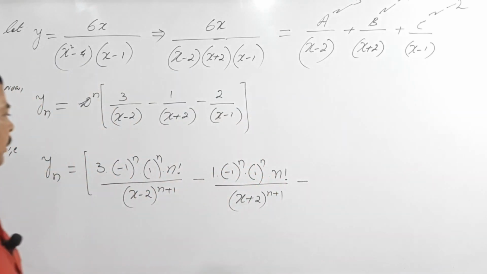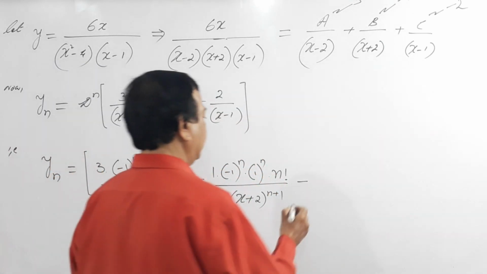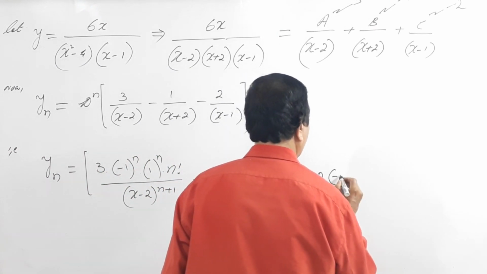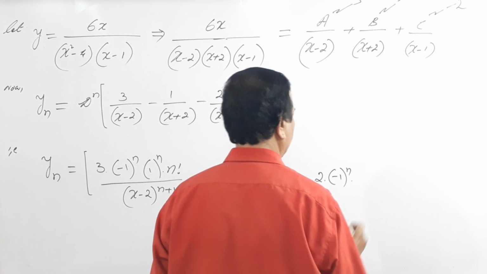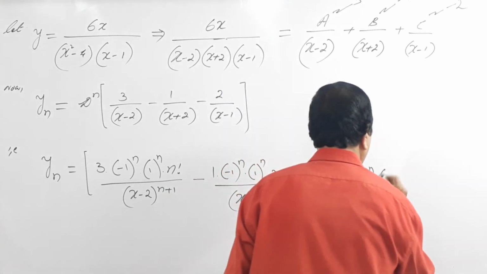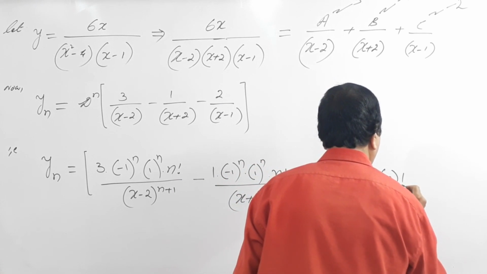Minus this 2, and take it outside, 2 into minus 1 to the power of n into 1 to the power of n into n factorial.